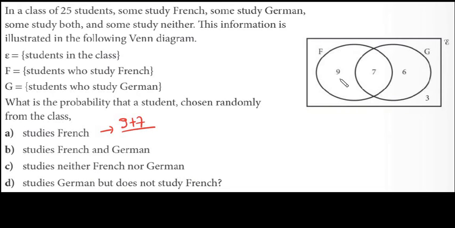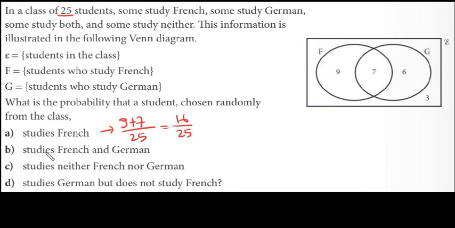You can just add them up, or it is already given here, 25. When you add them up, it must be 25: 9 plus 7, 16, plus 6, 22, plus 3, 25. So 9 plus 7 over 25, which is 16 over 25, is the answer for this question.